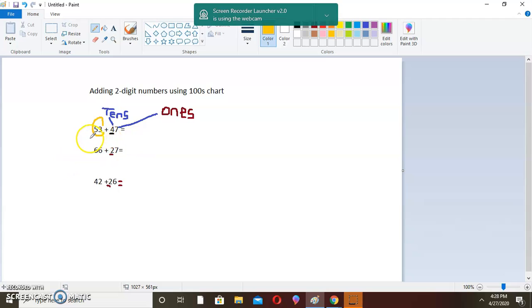So that is 93. When you have 93, now you count ones. If you want to add 7 ones, you have 93, 94, 95, 96, 97, 98, 99, 100.